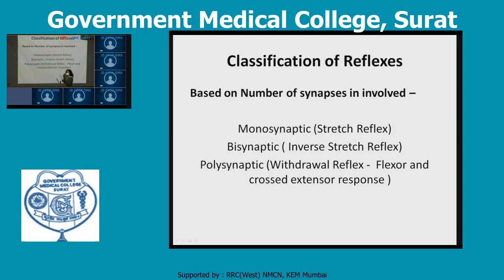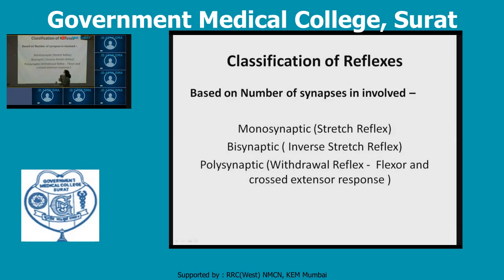As there is always one interneuron in this reflex arc, it is bisynaptic. First the afferent neuron synapses with the interneuron, and then the interneuron synapses with the efferent neuron. So there are two synapses, and that is why it is an example of bisynaptic.